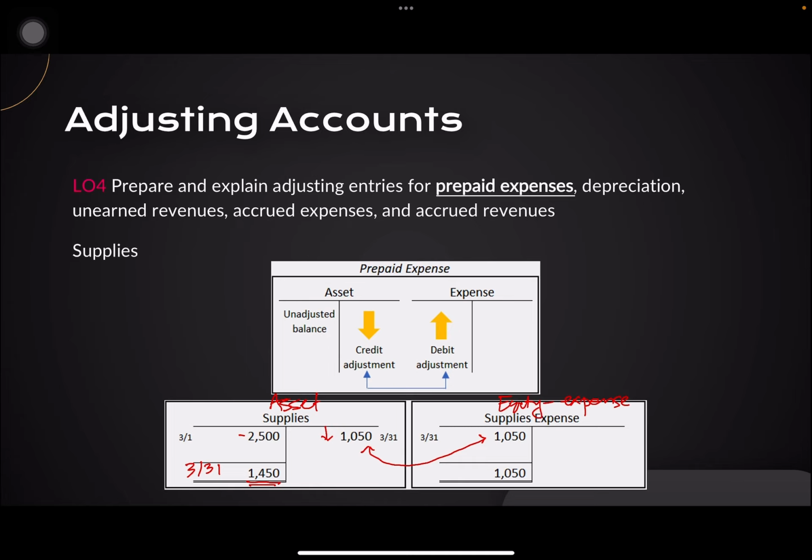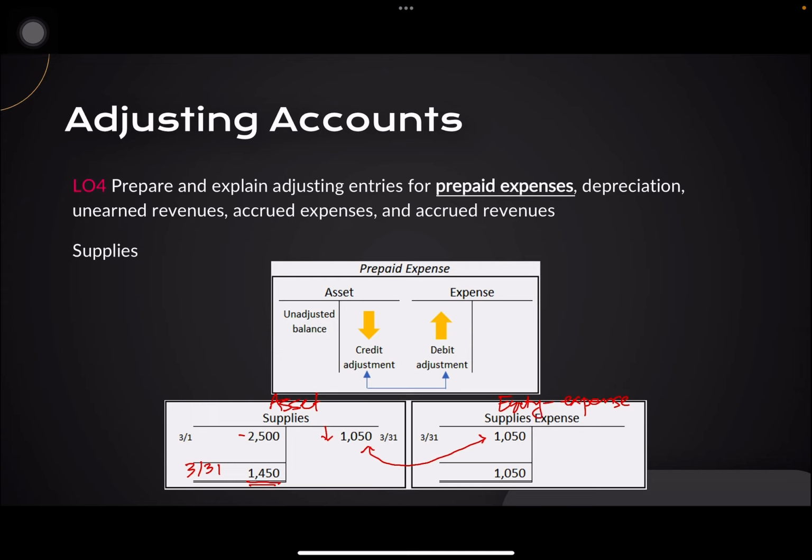Okay? So again, there would be three questions here. My first question would be, how much was the decrease in your asset account? The answer would be we credited $1,050 in our asset account.